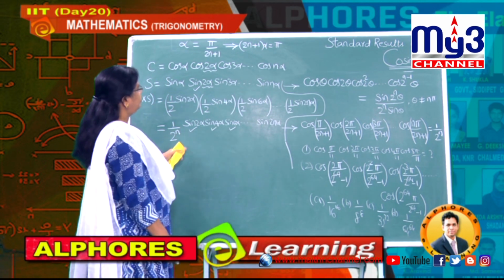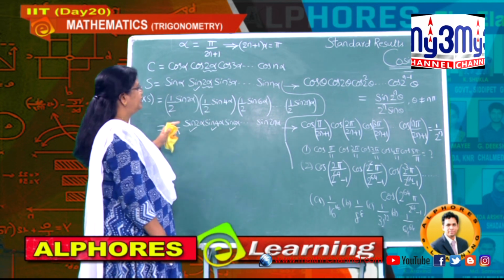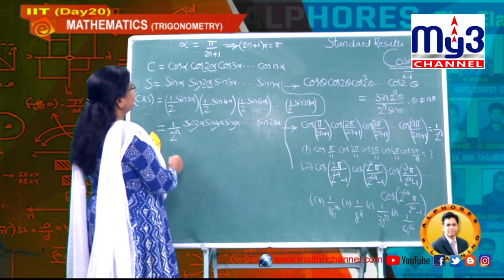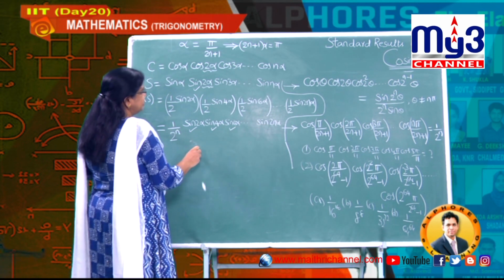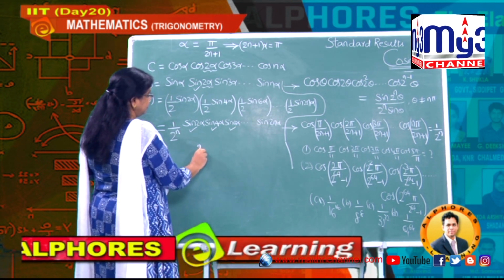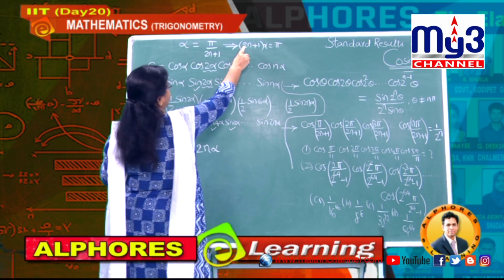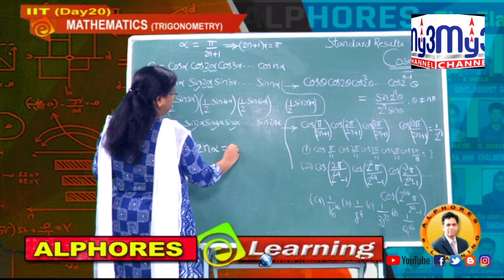So how can we convert in terms of the existing sine values? Let us observe, we will take the help of this one. So how can you take that help here? 2n alpha is equal to how much? This is 2n alpha. Now students, observe, 2n alpha is pi minus alpha.